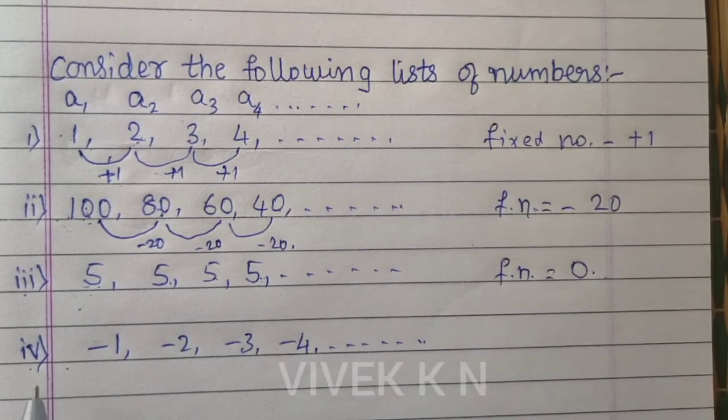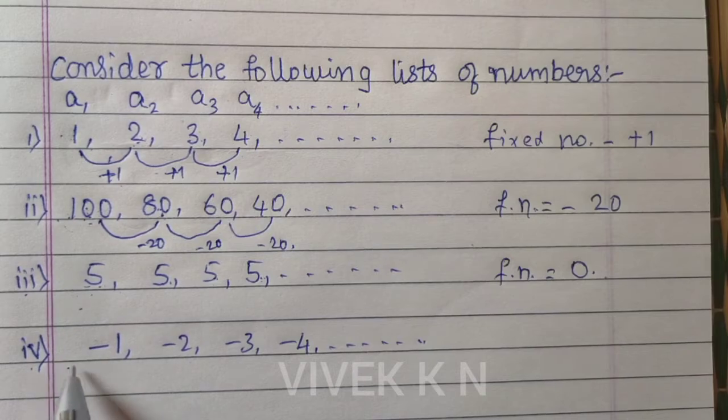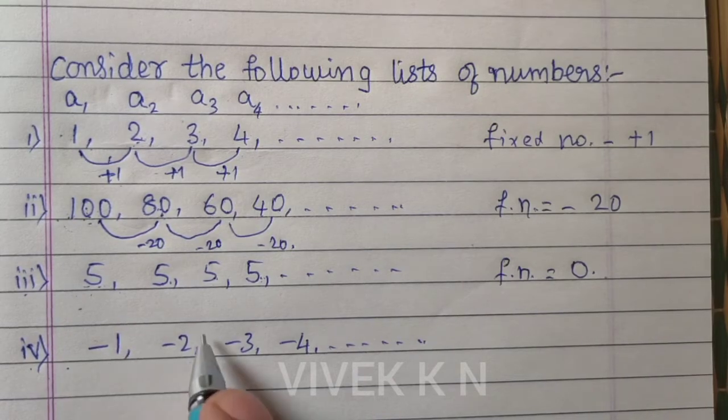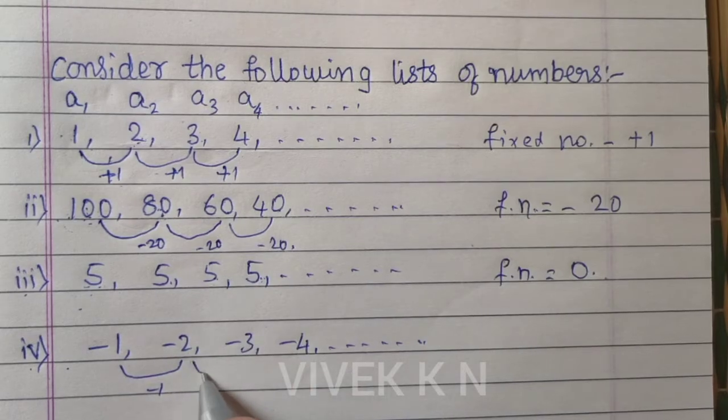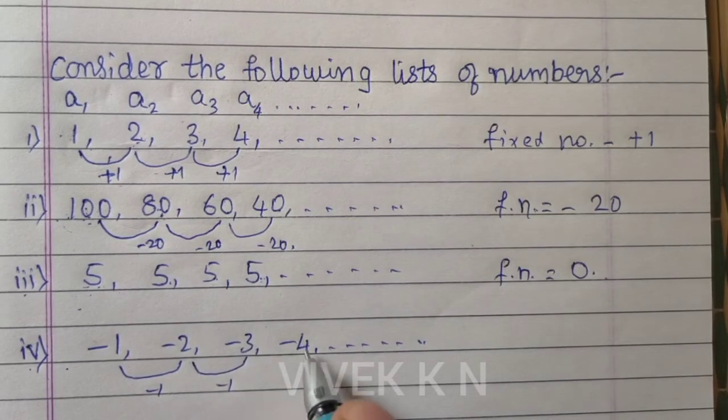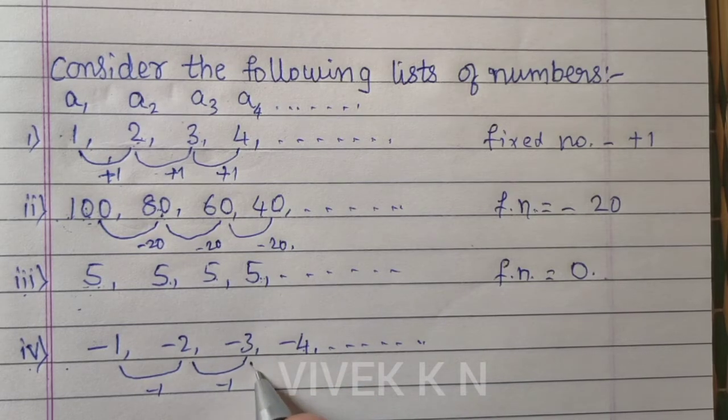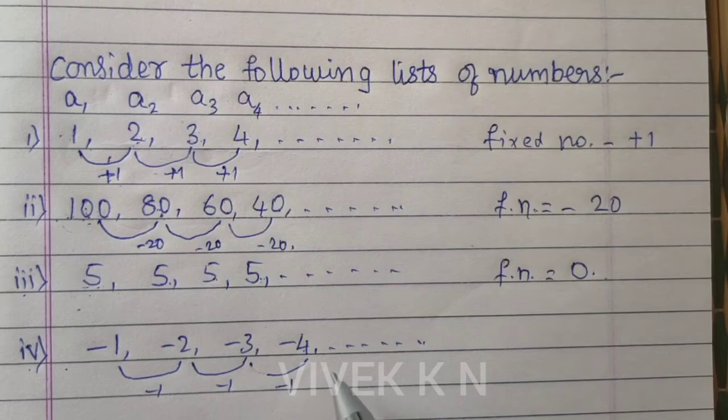Next, in this fourth sequence, except the first term, the second term is obtained by adding -1 to the first term. The third term is obtained by adding -1 to the second term. The fourth term is obtained by adding -1 to the third term.